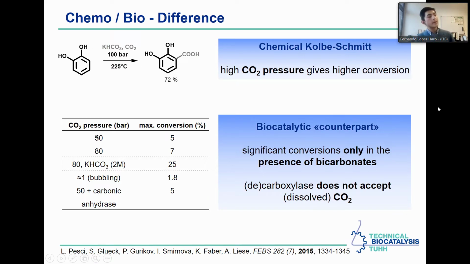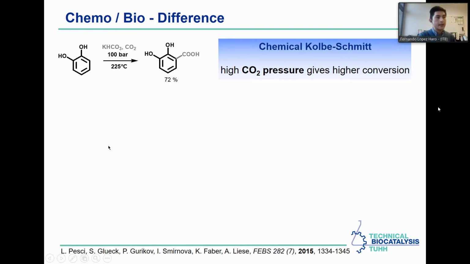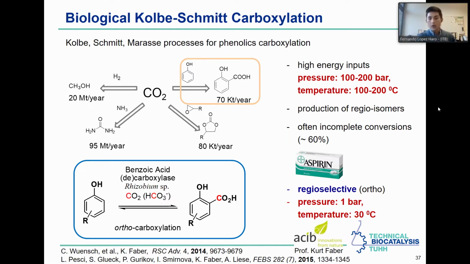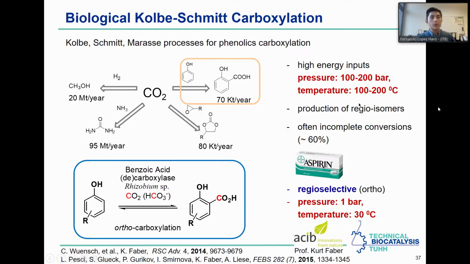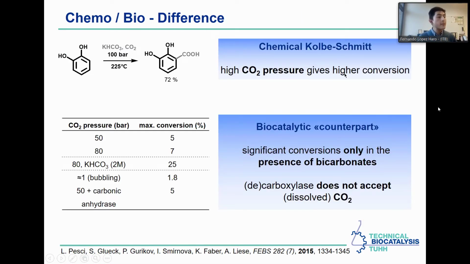If you do that, you would find that at a pressure of 50 bars, which is half of what we had in already installed processes, half of the lower limit of that 100 bars, you have a maximum conversion of 5%, which is, of course, industrially garbage.